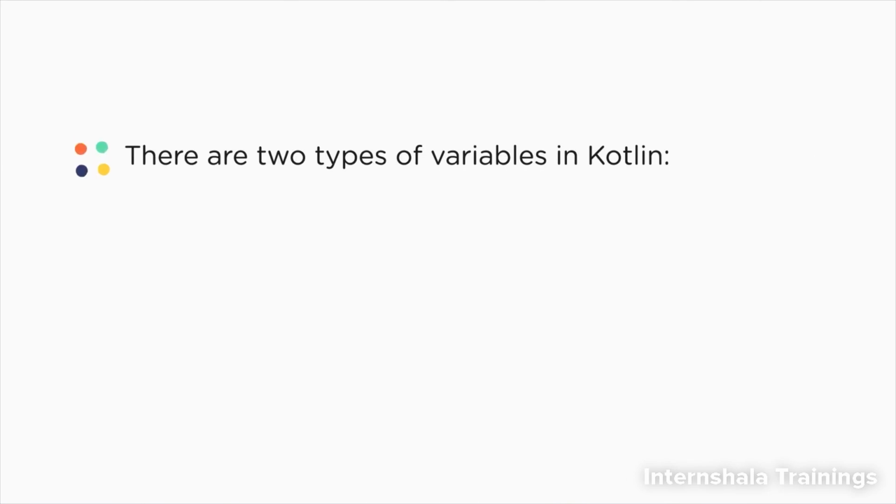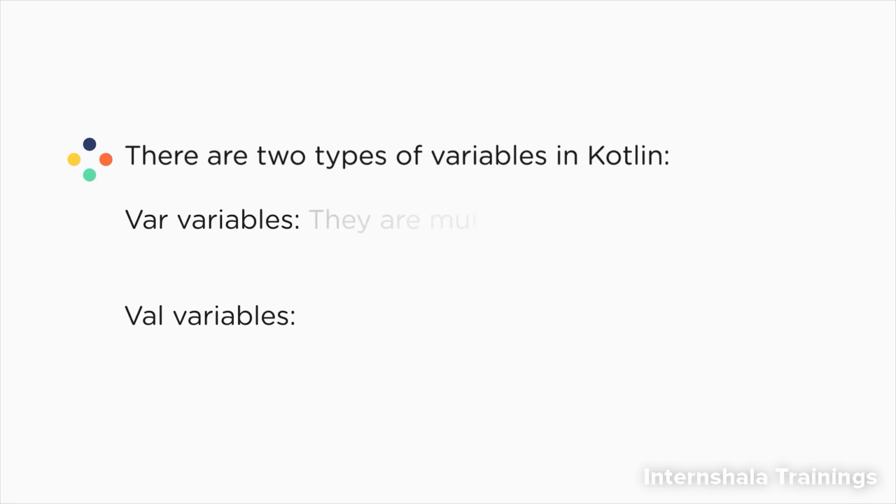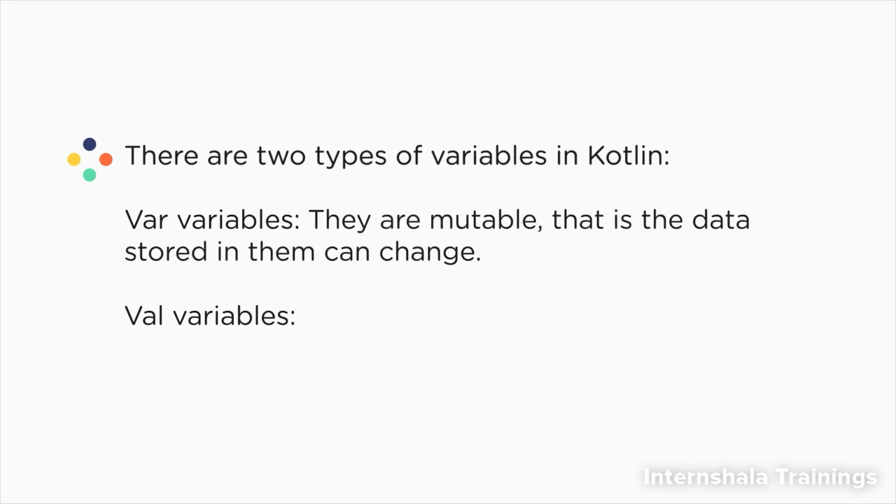Now, variables in Kotlin are of 2 types, var and val variables. Var stands for variable and val stands for value. Var and val are keywords and so they have special meaning. Variables which use the keyword var can not only store some data but the data inside them can change.